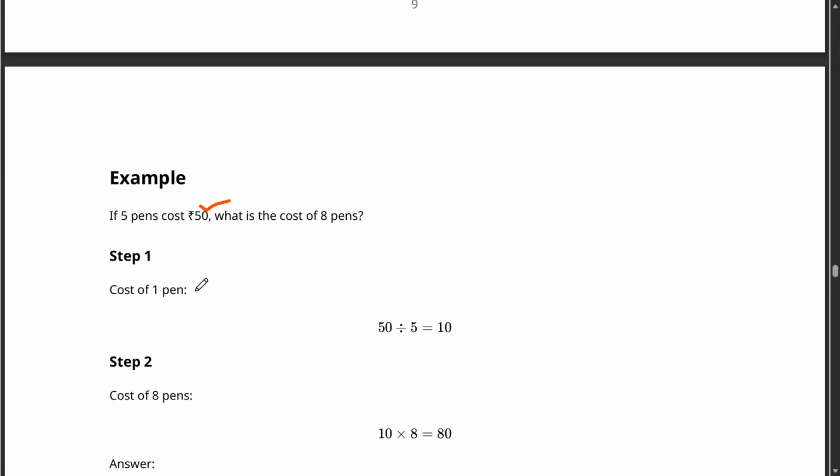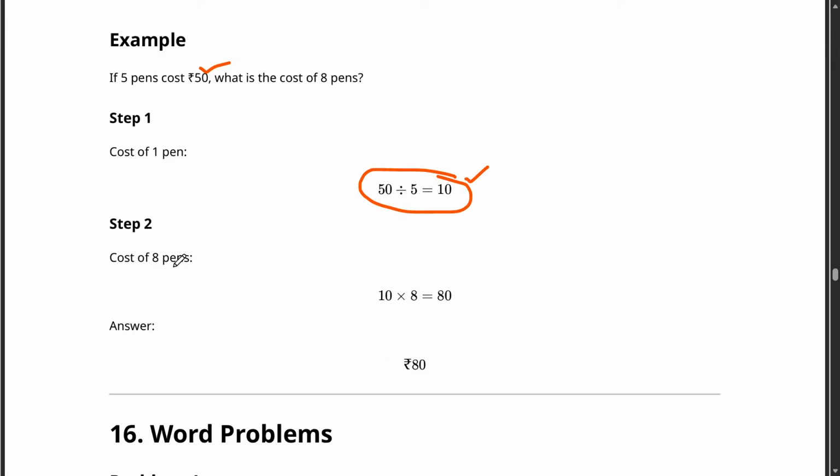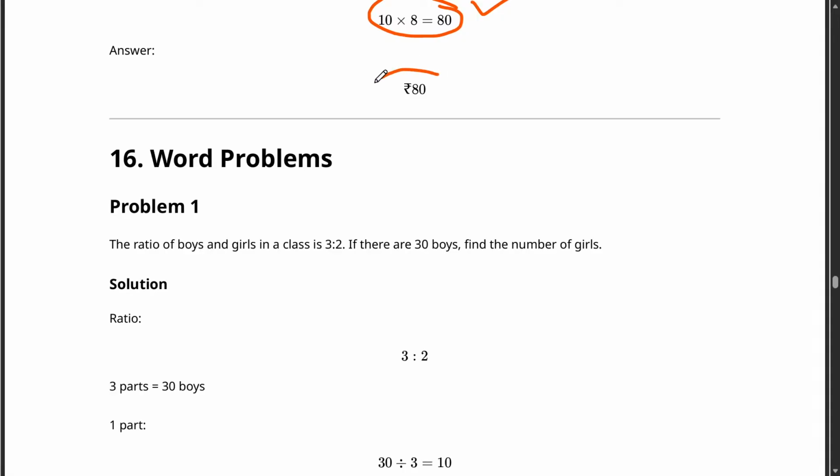Cost of 1 pen equals 50 divided by 5, that is 10. In step 2, we find the cost for 8 pens. 1 pen costs 10 rupees, then 8 pens cost 80 rupees. So the final answer will be 80.